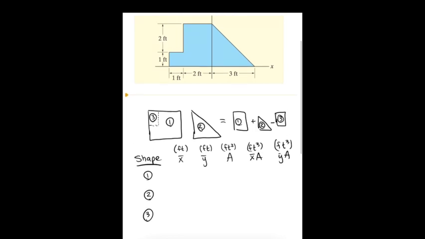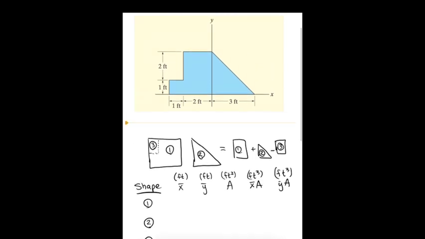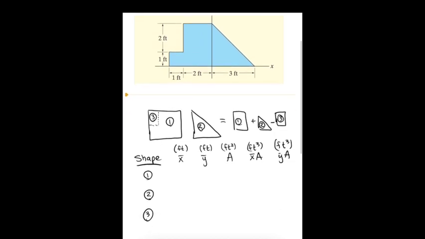So let's look at where the origin is and the x and the y-axis. We see that it's kind of in the middle. It's already been drawn for us. So based on that, the centroid of our shape 1 for the x is negative.